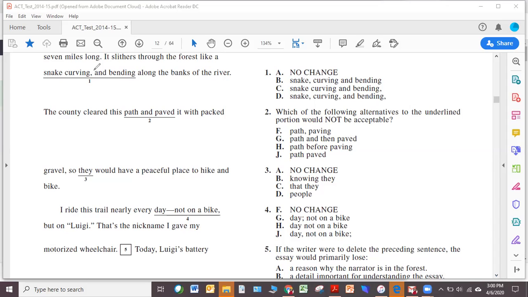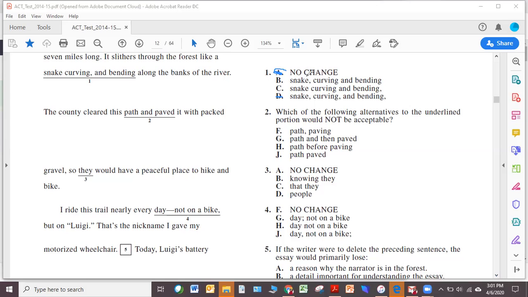So if we do not want that comma there, then we are going to cross out answer option A. And where else do we have a comma after curving? D. So we're going to cross out answer option D. So now let's look at answer option B and decide, do we want this comma after snake?